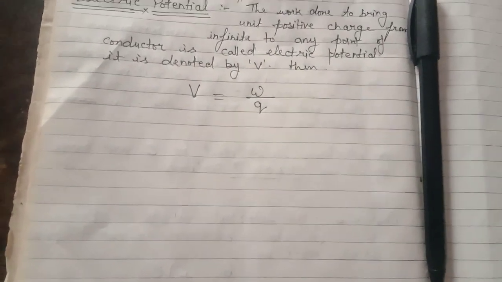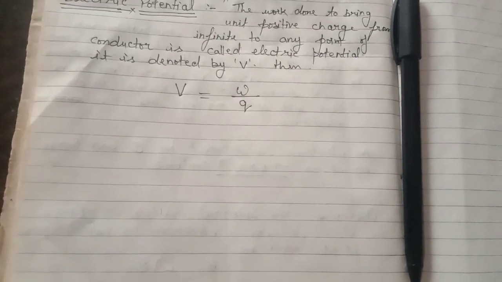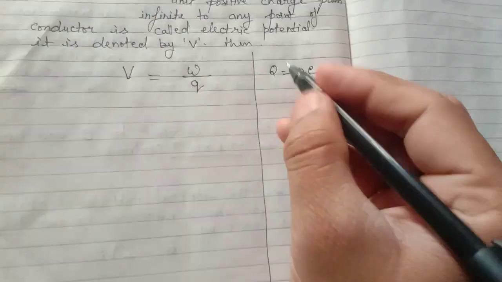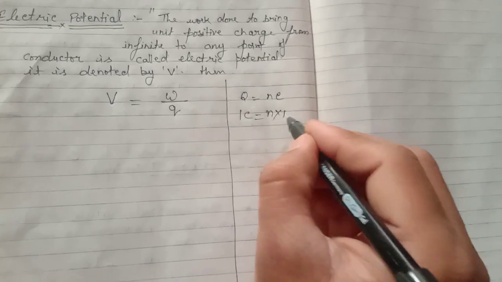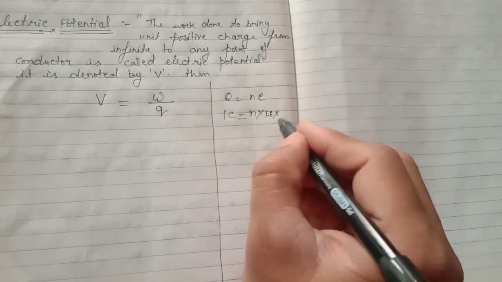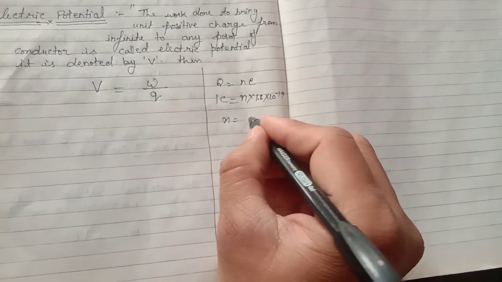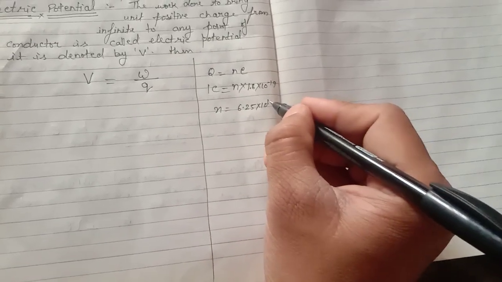If you take 1 coulomb of charge, Q is equal to Ne, then 1 coulomb is equal to N into 1.6 into 10 to the power minus 19. Then N is equal to 6.25 into 10 to the power 18.